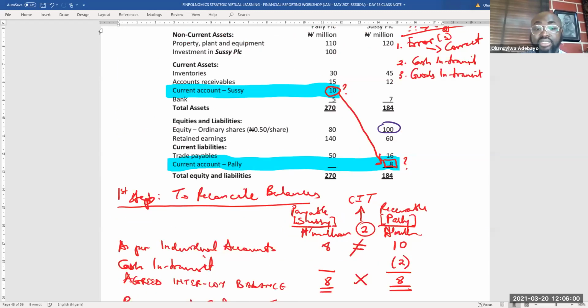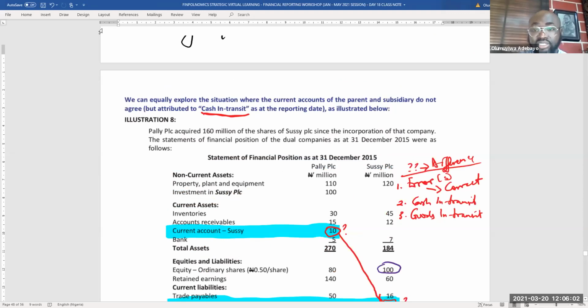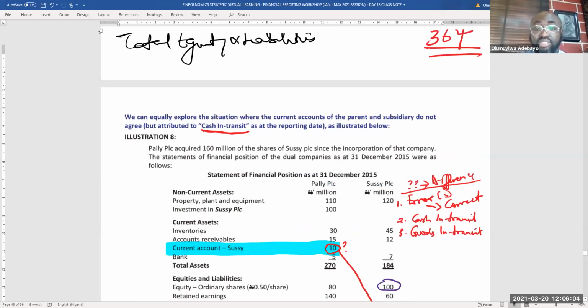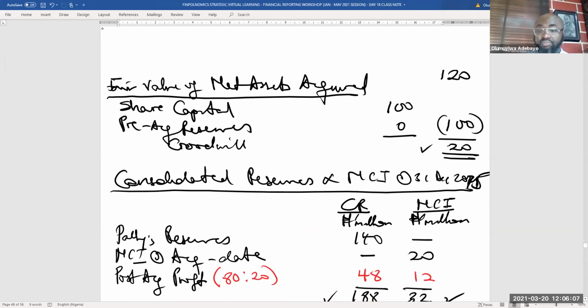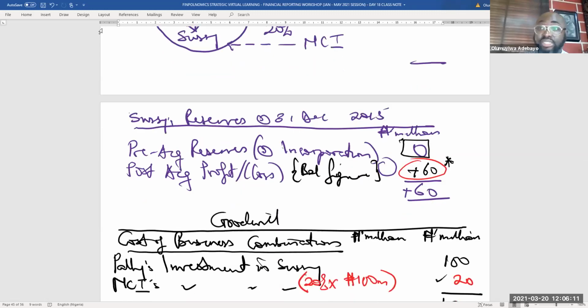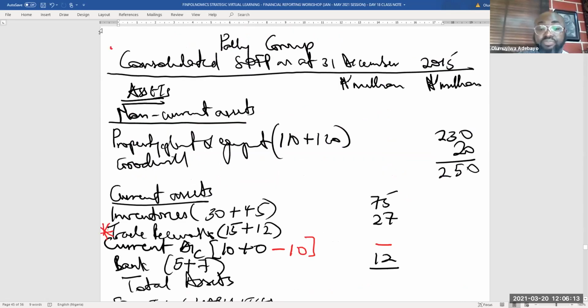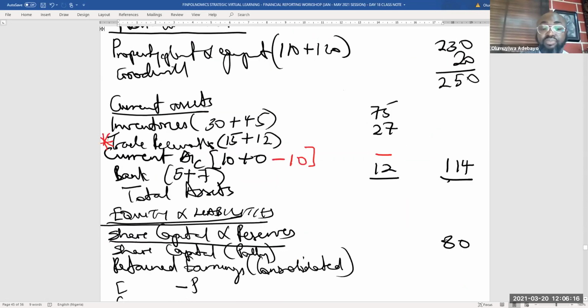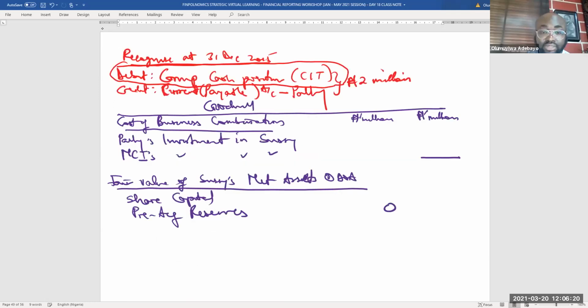It's not different from what we had before because it's the same question. Remember, we had 60 before because everything was still as at the date of incorporation. And 60 is our post-acquisition, pre-acquisition is 0. Remember, incorporation. And what do you have? 100.